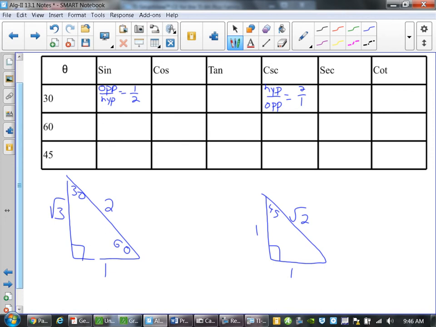Now, I want to go right to the reciprocal. Cosecant would be hypotenuse over opposite. 2 over 1. Okay. To the cosine. Cosine of 30 is going to be your adjacent over hypotenuse. Well, if I'm at 30, what's my adjacent? Root 3. What's my hypotenuse? 2. So it's root 3 over 2.